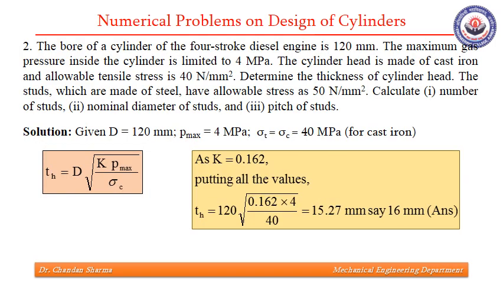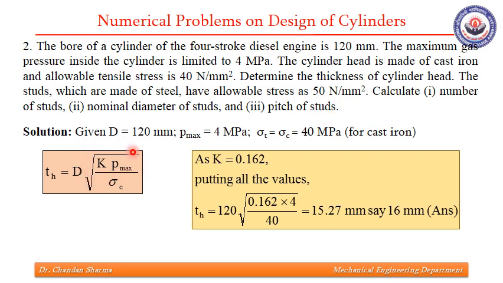Coming to the next question. In this question, we have been given bore of cylinder as 120 mm, maximum gas pressure as 4 megapascal. Cylinder head is made of cast iron with stress as 40 megapascals. We need to find thickness of cylinder head and also number of studs, their diameter and their pitch.